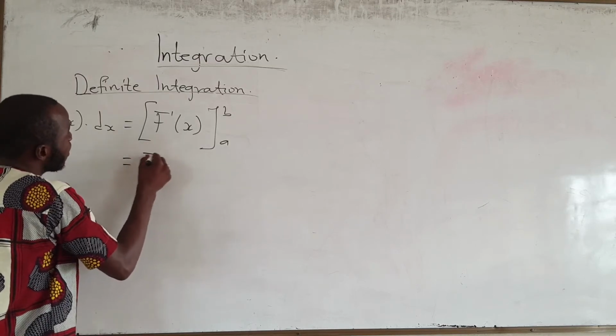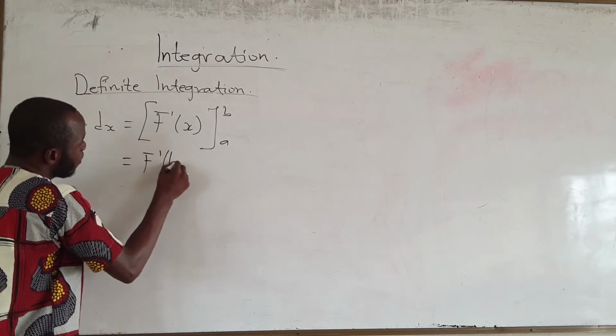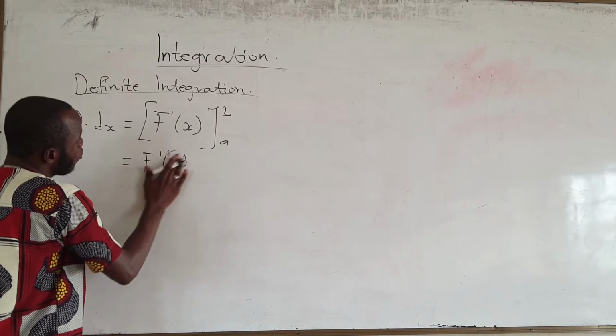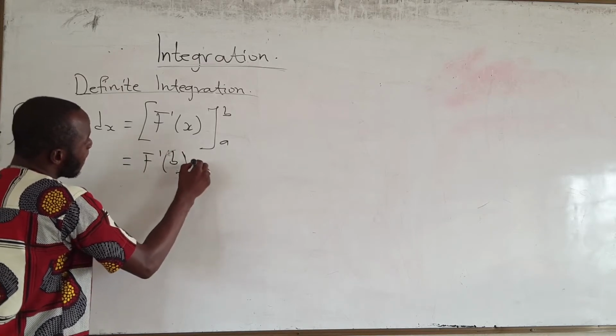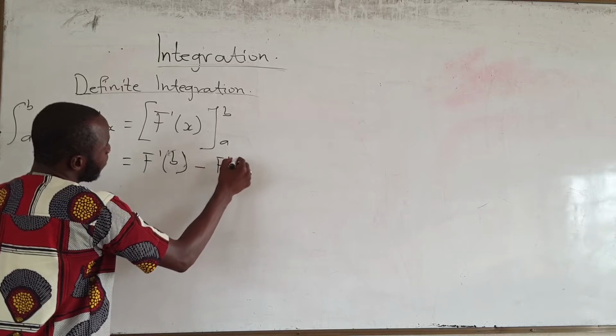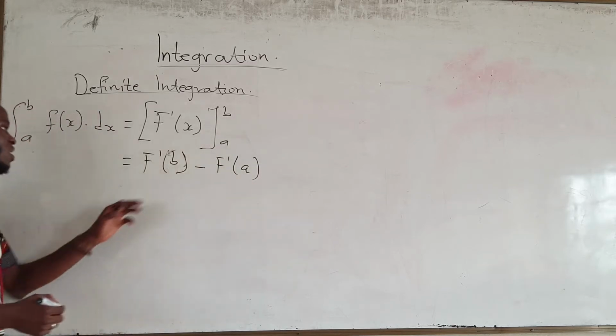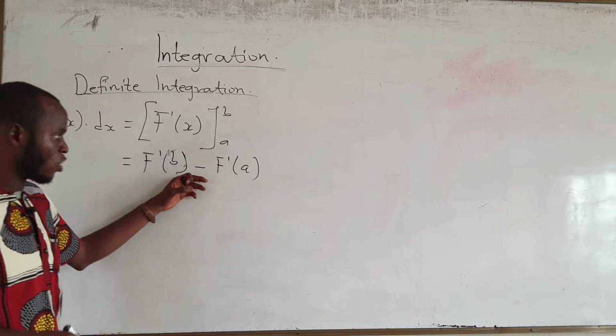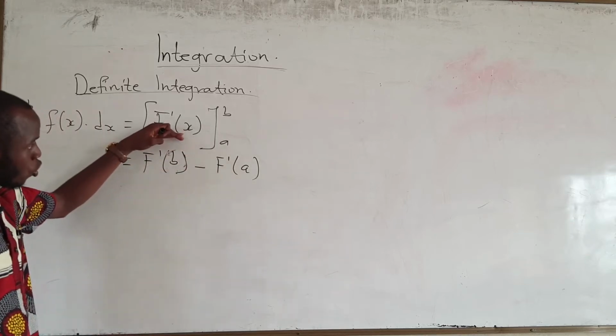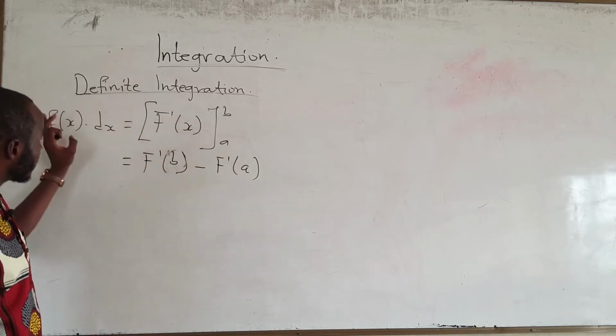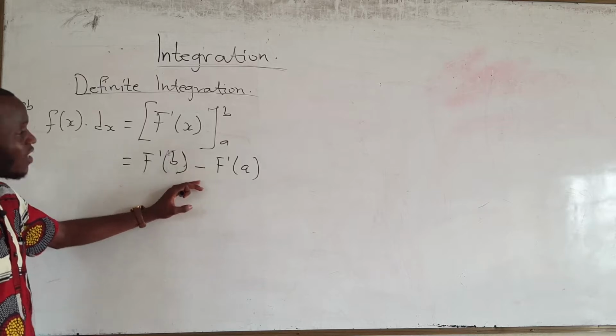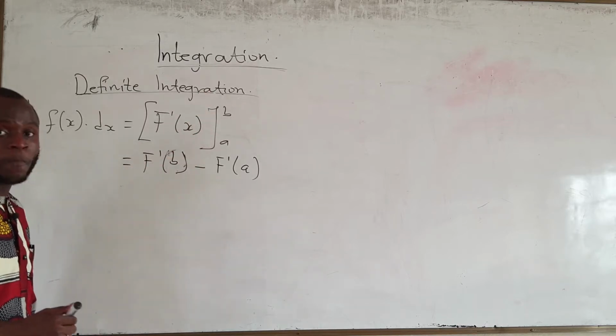So we will be obtaining what? F of b minus f of a. So this is how we do it, the upper limit minus the lower limit. All that we need to do is, after integrating the function, you just substitute the values of the limit into the expression.